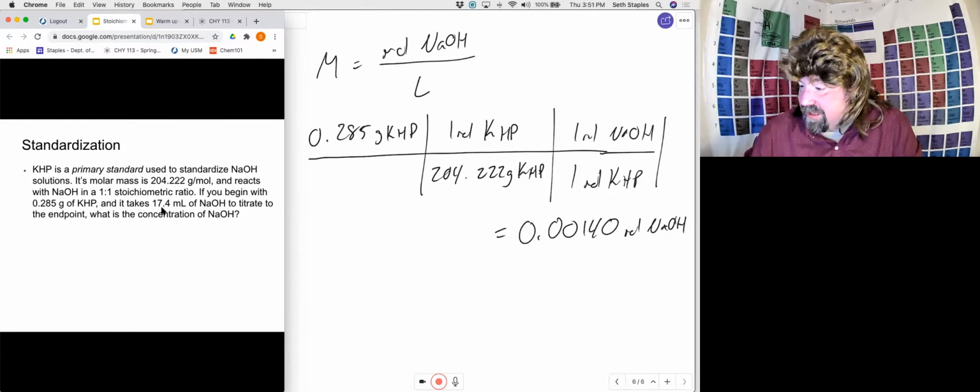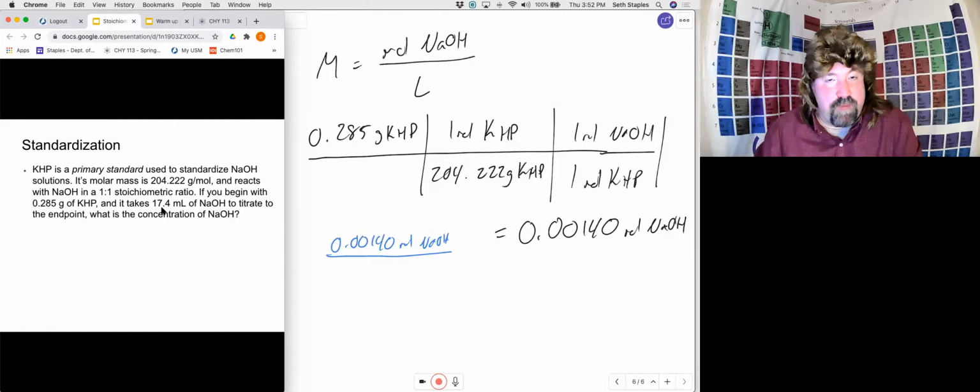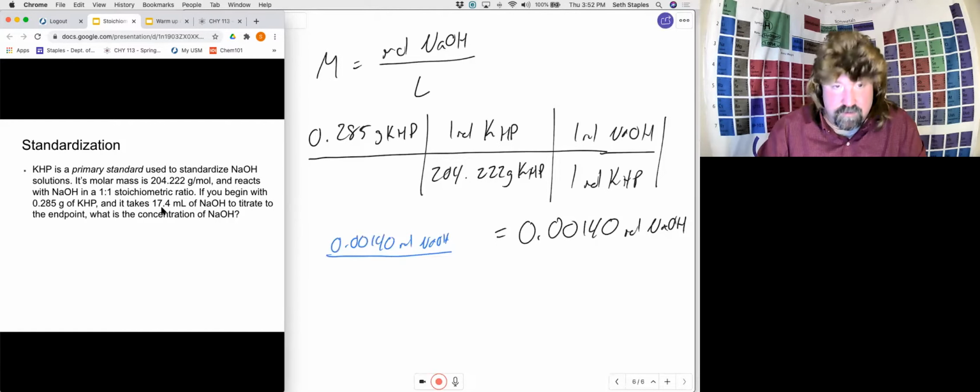So now I'm just going to take that 0.00140 moles of NaOH and divide that by my 17.4 milliliters, converted to liters. I need to convert that to liters, and I don't know why I'm putting this into my calculator, I should be able to do that.